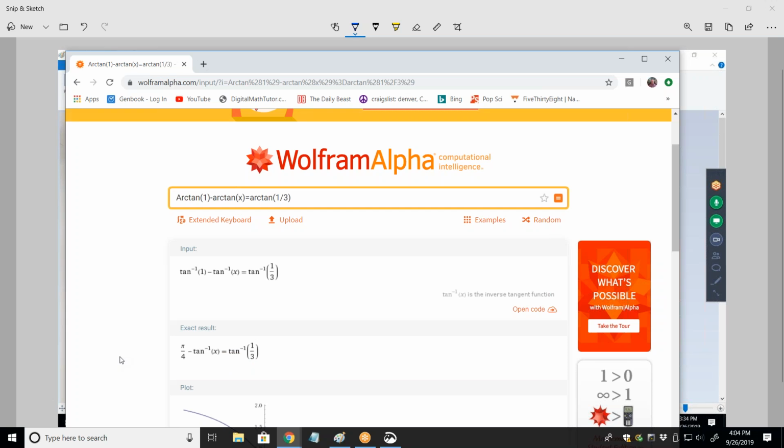And you would have inverse tan equals a number. And then you could take the tan of both sides to figure out the answer. So it's definitely doable. And let me show you the rest of what Wolfram Alpha gives you.